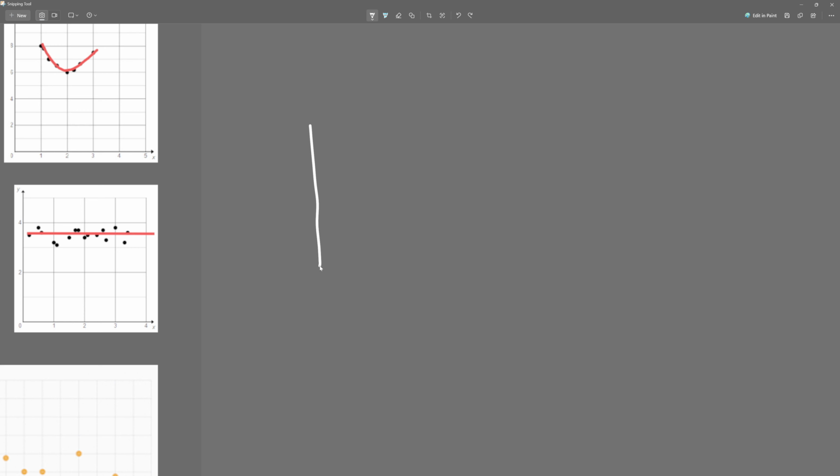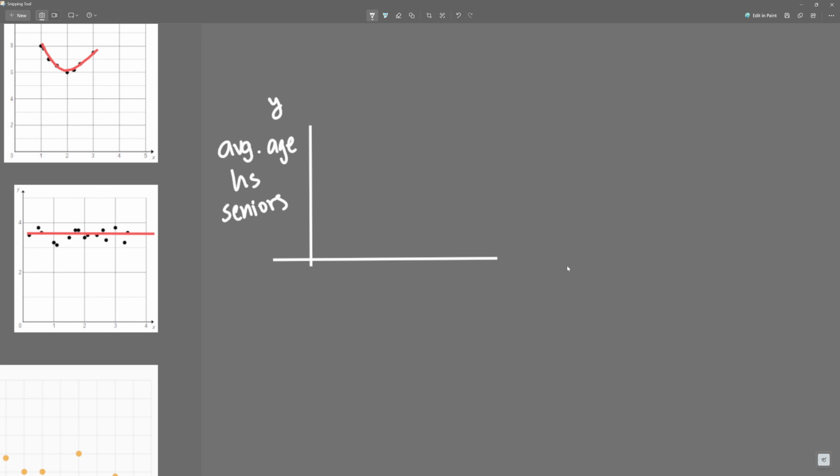And to demonstrate that, I want to give you a really quick example. When I graduated high school a million years ago, the average age of high school seniors was about 17, right? And we could talk about our x variable. That was our y variable, and let's say our x variable is the year.